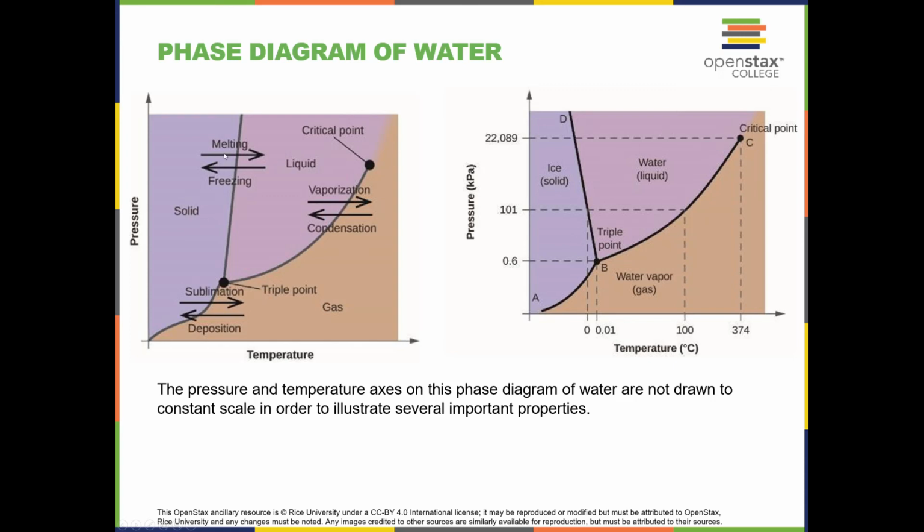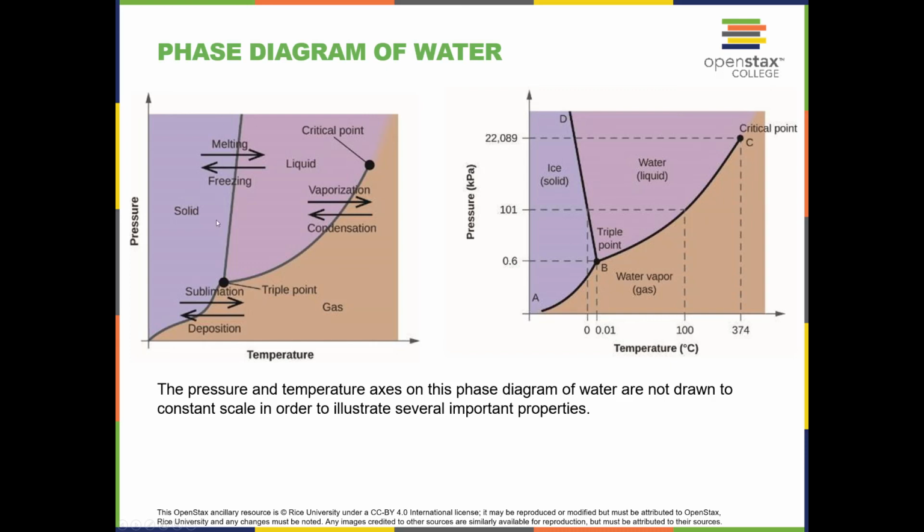Go straight up, or increase the pressure, because the pressure is on the y-axis. What did we favor? We favored the solid, meaning we would have to add more temperature to get it to turn into a liquid. There's a bigger boundary here, so the solid is favored. Therefore, in this case, the solid is more dense than the liquid.